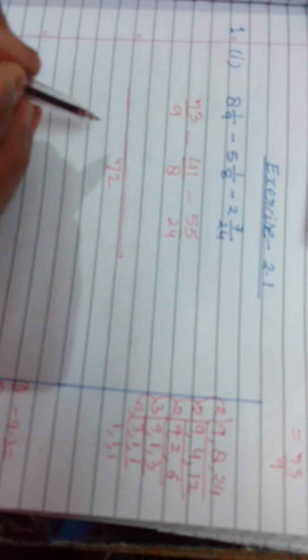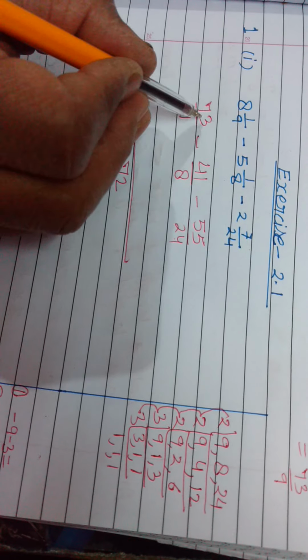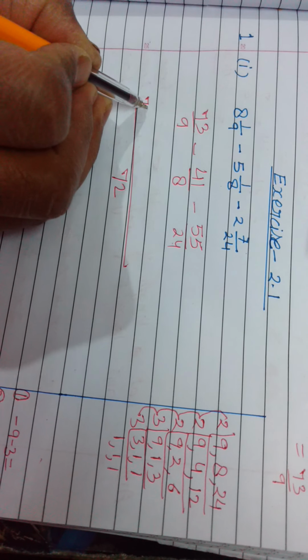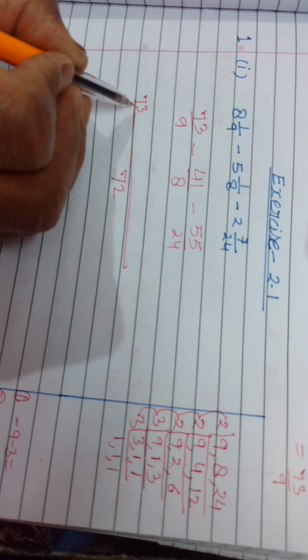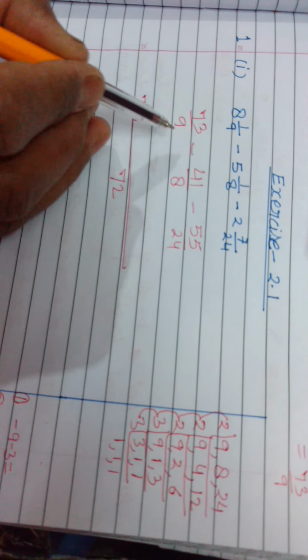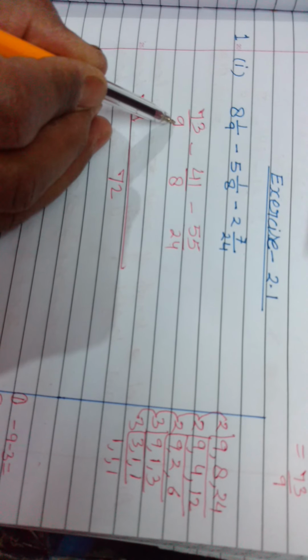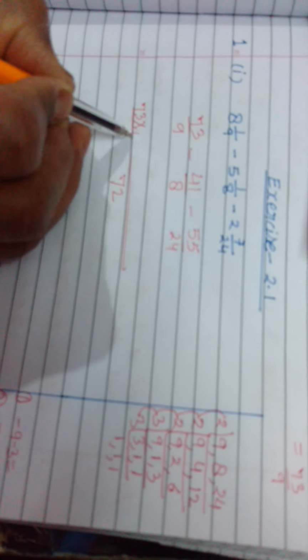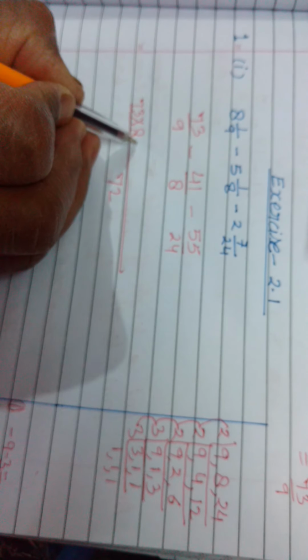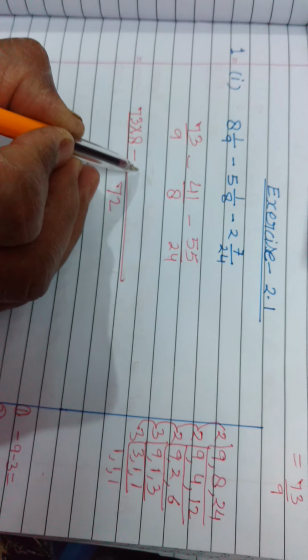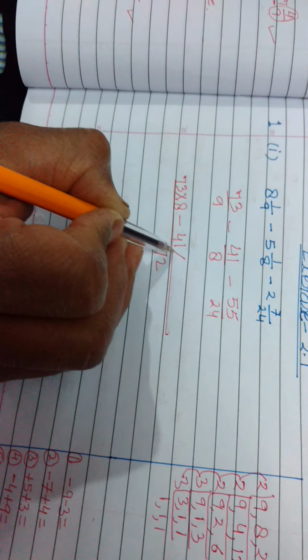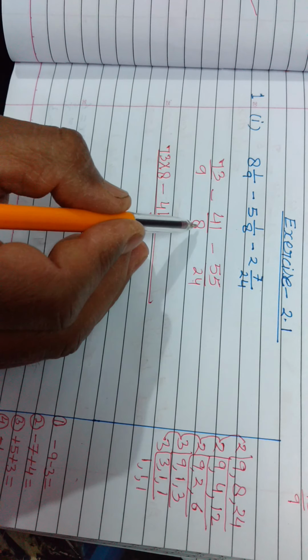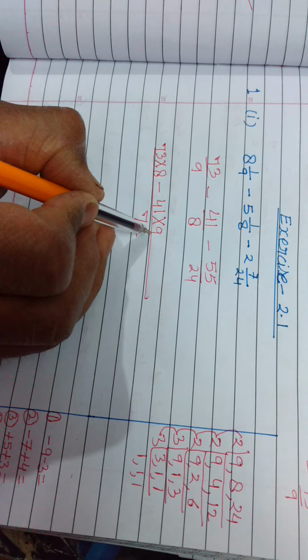After this, what do we do? Let us see. First we write the numerator, whatever the numerator is here, into, we divide this number by the denominator 9. 9 8s are 72, so we write here 8. Same way, minus, first we copy down the numerator into, divide: 8 9s are 72.